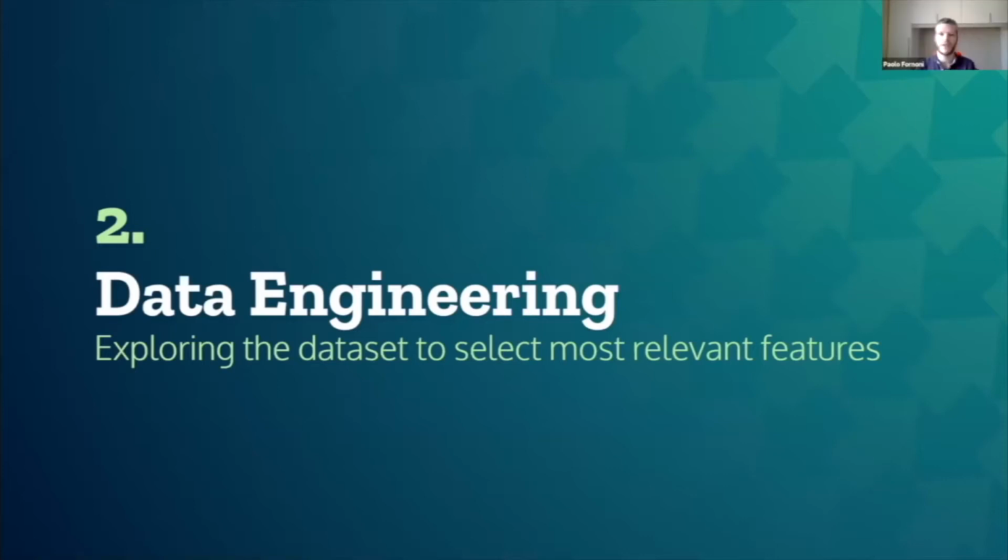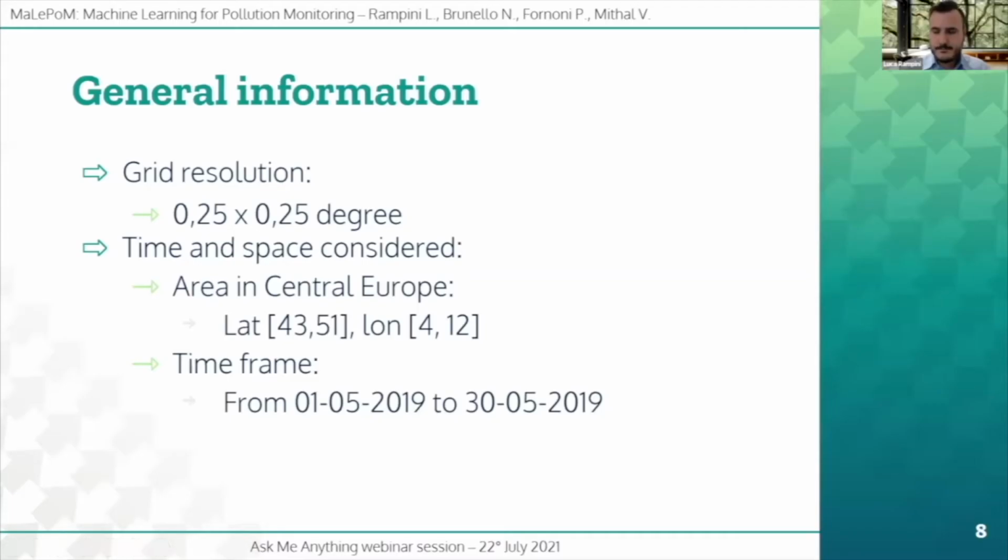Thank you. The second step of our workflow is the data engineering, where we take all the proxy data and put them together to create the big dataset we will use in our model. Our data will be collected in a grid of 0.25 degrees.